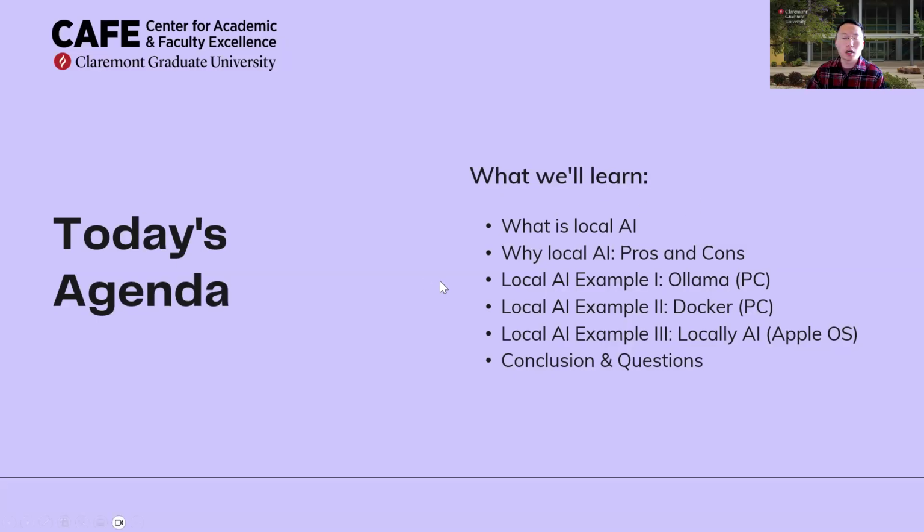So that's going to be the talking part in the front. And for the second half of this session, I'm going to be focused on walking you through different demos of different software that can run local AI. I'm going to talk about two software that can run on your personal computers, Ollama and Docker.